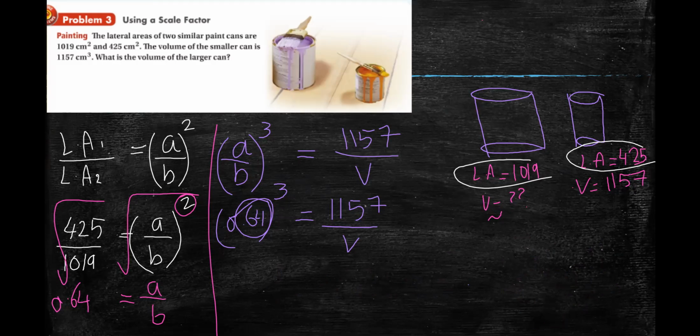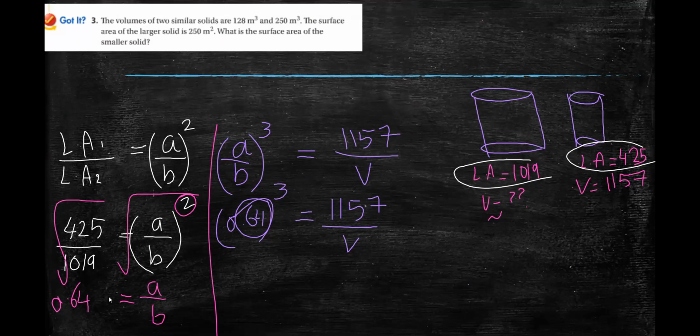So the ratio of the lateral areas gives me the square of the scale factor. That means 425 over 1018 is the square of the scale factor. But I don't need the square of the scale factor. I need the scale factor. Put both of them under square root, and you will find A over B.